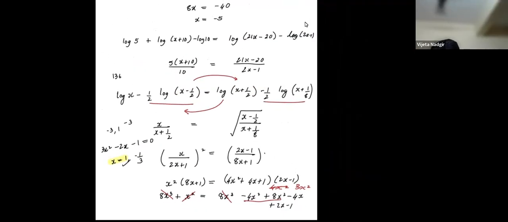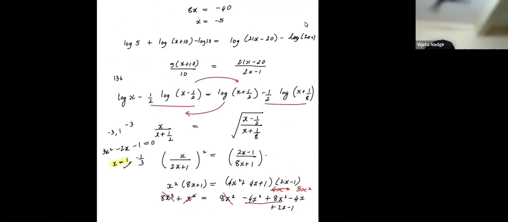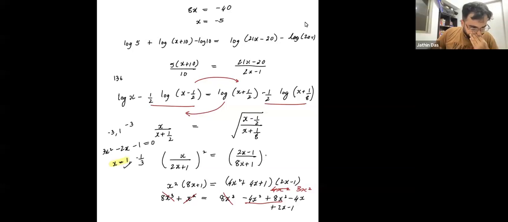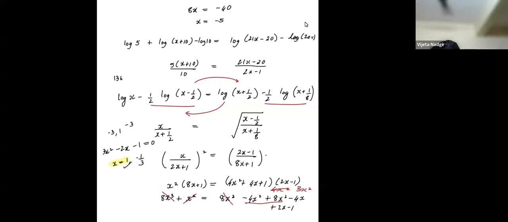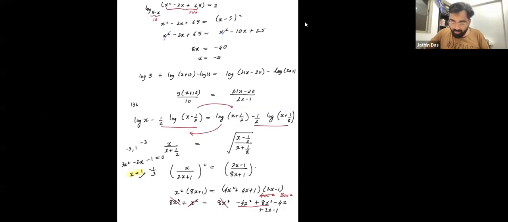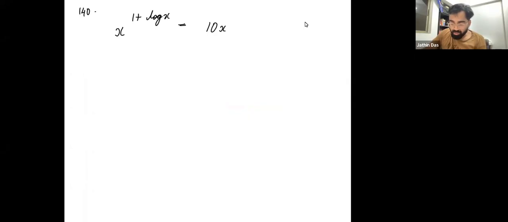Okay. And 140, I got one value, but I didn't get the other value. 140. Sorry. x raised to 1 plus log x is equal to 10x. Okay. Now you will apply log on both sides.